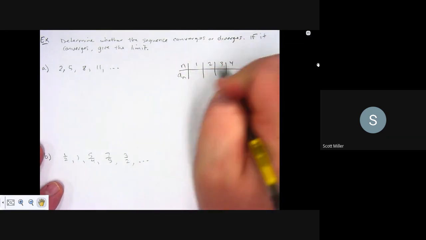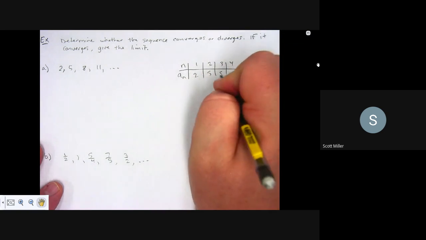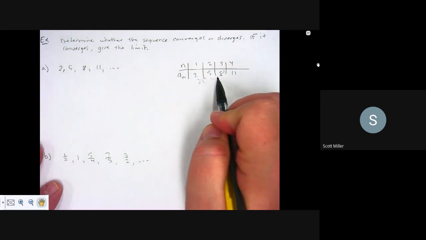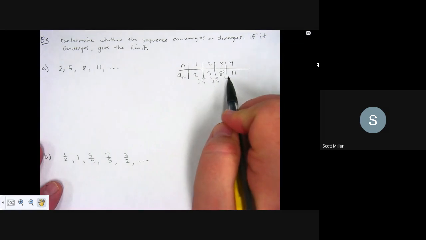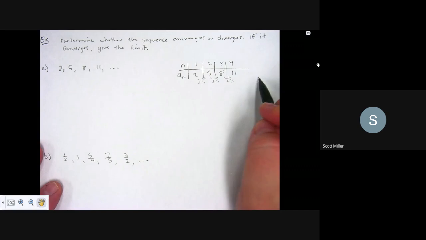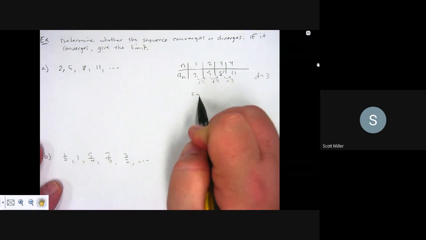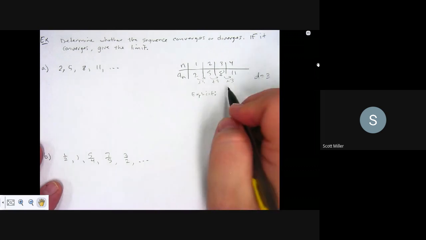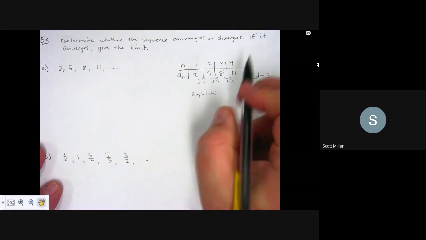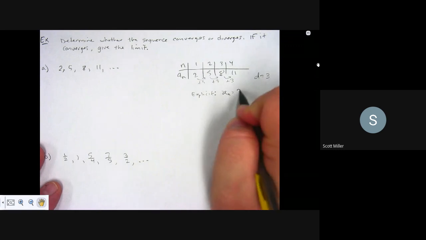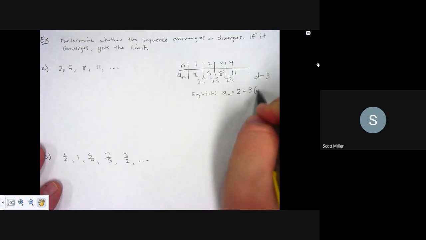Second, third, fourth position: 2, 5, 8, 11. And I can see fairly clearly here this is a +3 all the way across. So that means this is arithmetic in nature. The common difference is going to be 3. So my explicit rule, you want to find the explicit rule, not the recursive, just explicit, is going to be a sub n equals 2 plus 3(n minus 1).